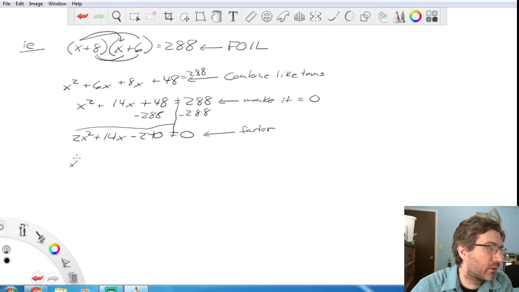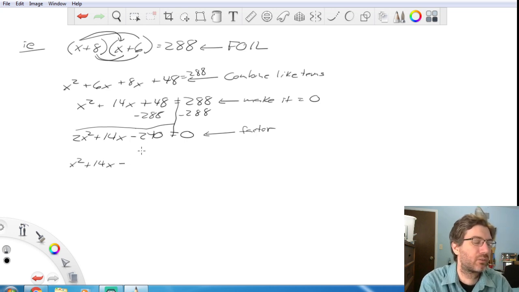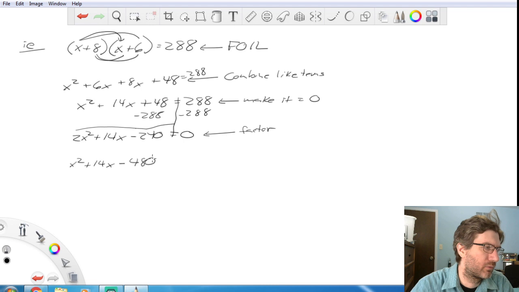So we're going to get x squared plus 14x, and that is a negative 240 times 2 is 480. So I want factors of 480 here that'll add up to 14.